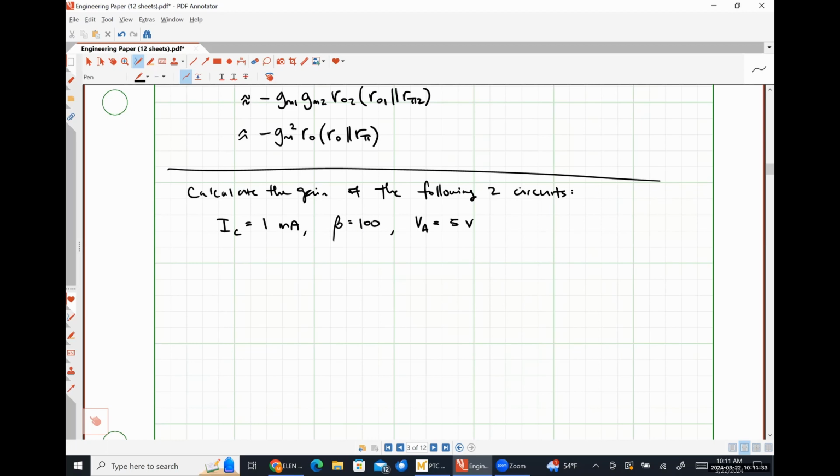I say that because realistically, it would usually be much larger than that, resulting in a much larger ro. And our two circuits are simply a current source biased common emitter amplifier and a cascode amplifier.